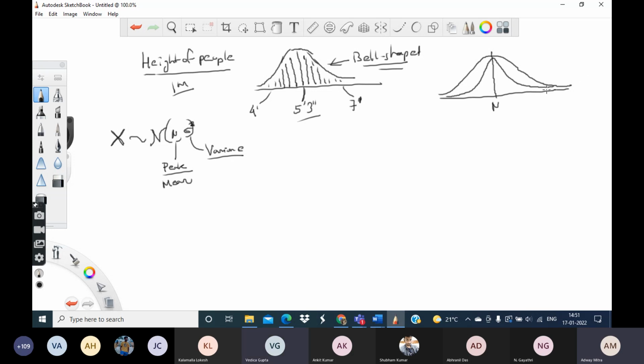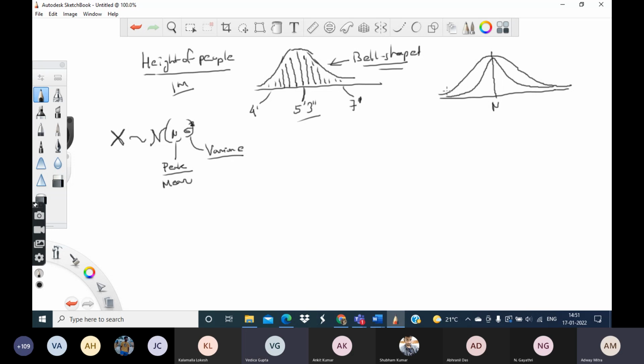So what is variance? Variance is the square of the standard deviation, which we know is a measure of dispersion. The higher the variance or the standard deviation, the more dispersed the distribution is. The more dispersed the distribution, the larger the range of values that has significant probability, right?